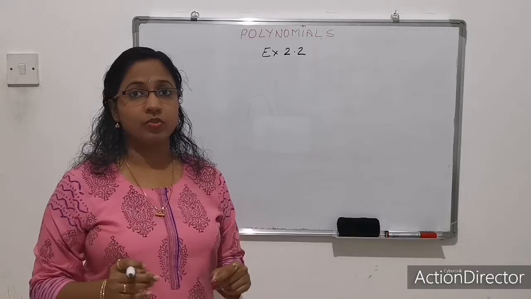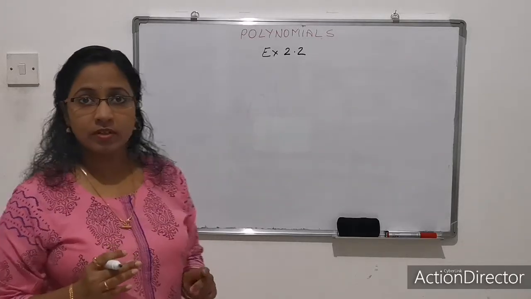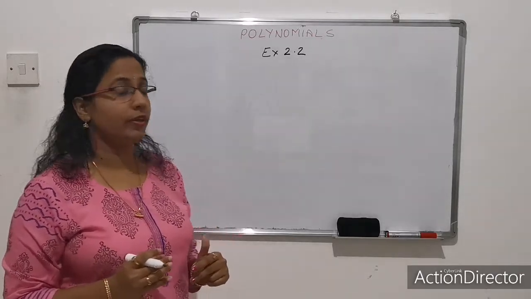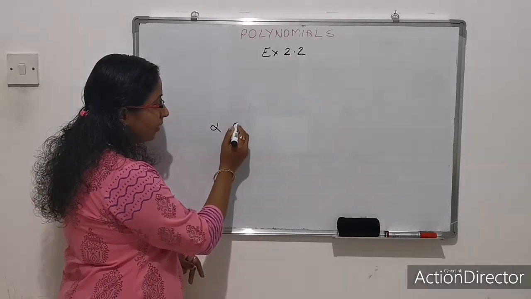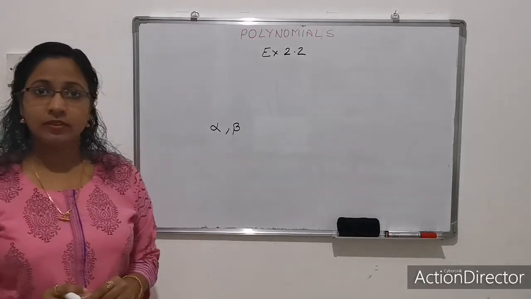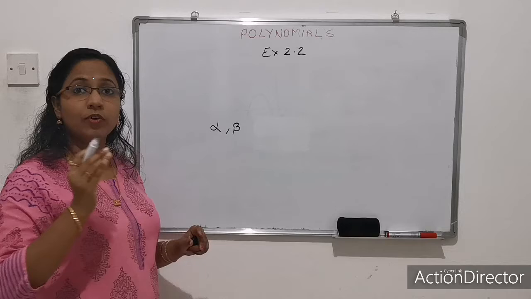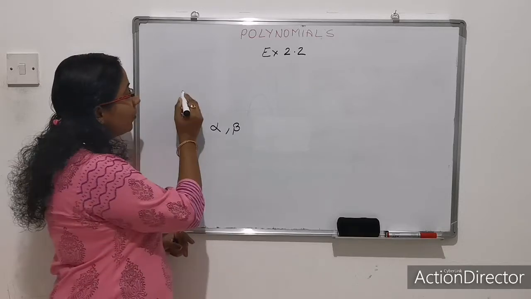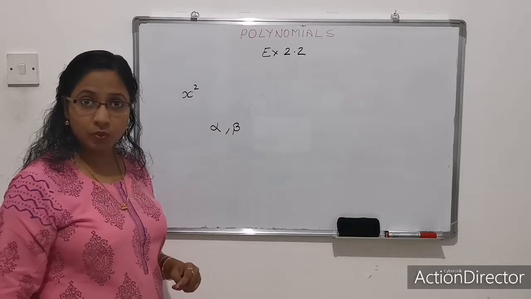For quadratic equations, the zeros, the solutions of a polynomial, are known as alpha and beta, if it is a quadratic equation. Now what do you mean by quadratic equation? Where x has a power 2.